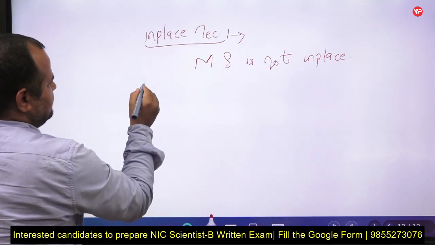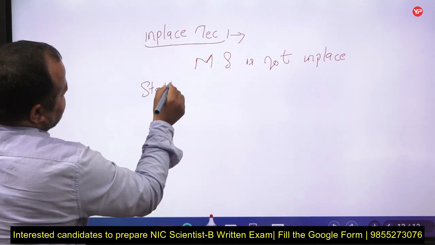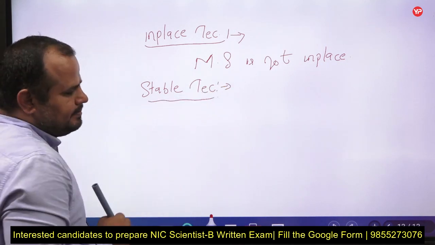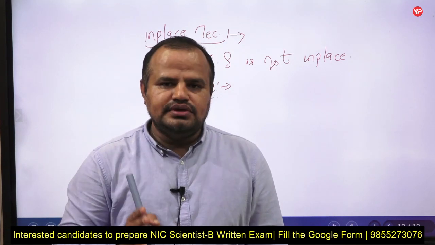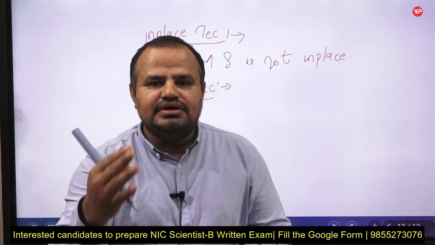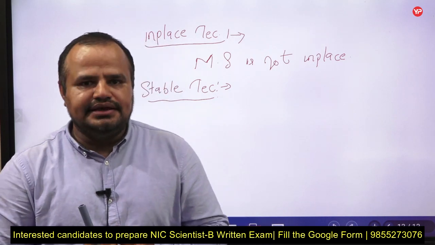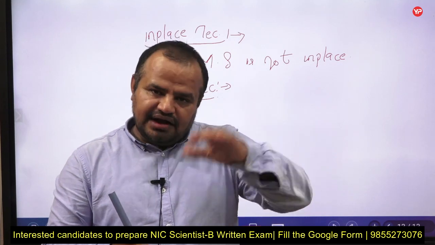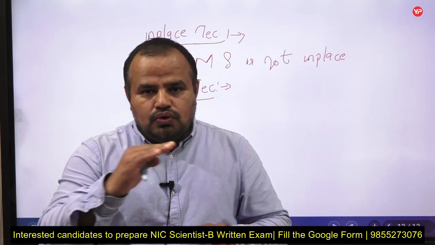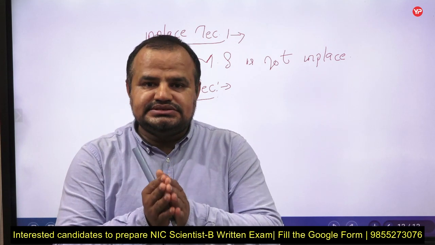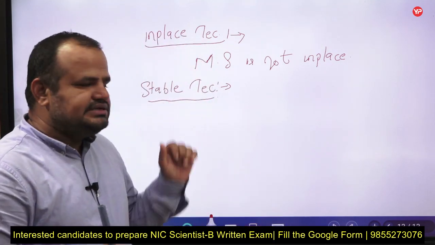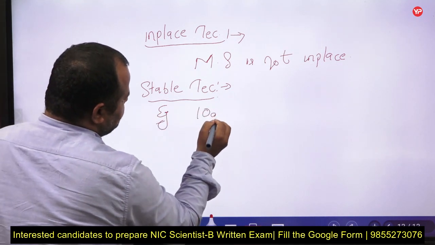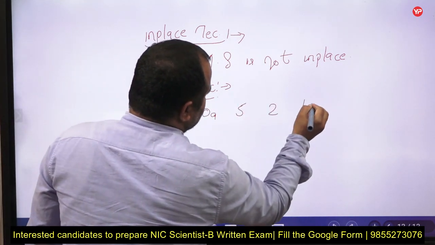Fine. So one more term is stable technique. What do you mean by stable technique? Suppose in my input I have more than one element that is identical. So before sorting and after sorting, if the ordering of identical elements is the same, then I can say my technique is stable. We will take an example: I have input 10a, 5, 2, 10b.